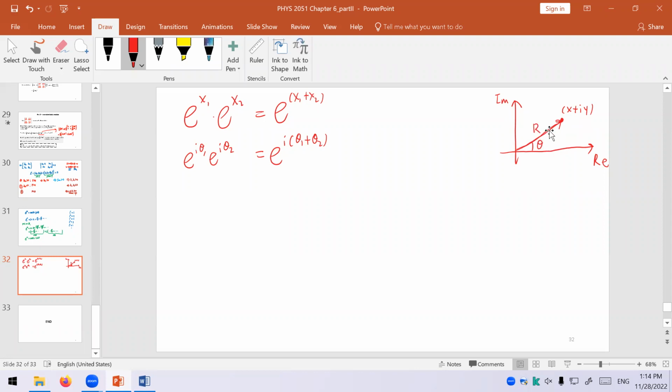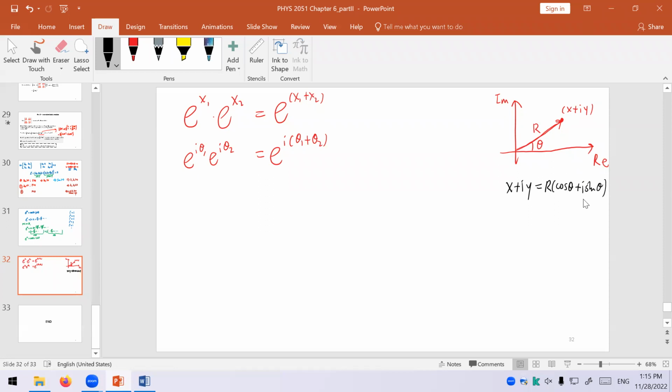You know that this r is just the square root of x squared plus y squared, right? But anyway, this complex number x plus iy can always be written as r times cosine theta plus i sine theta. That's just like what you do with vectors actually.